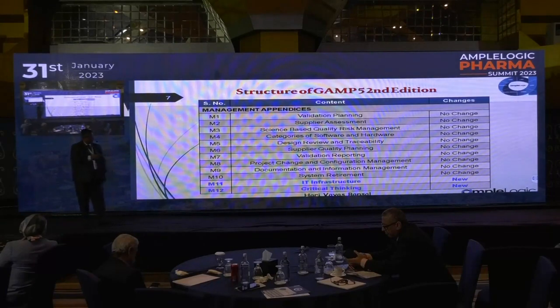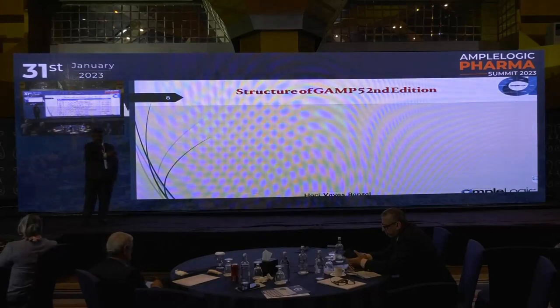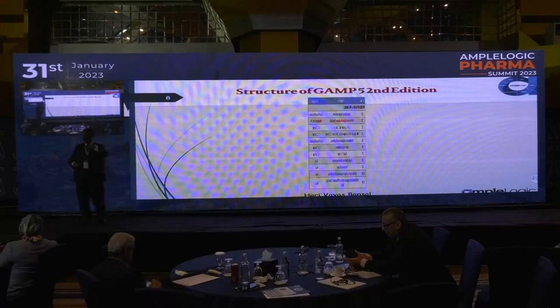And then in the management appendices, there is only a change in IT infrastructure and critical thinking, which has been newly added, without changing anything else from the previous. That's the only change, because most of the things have not changed. It has remained as GAMP 5 second edition.